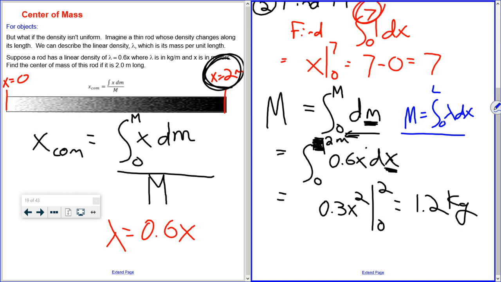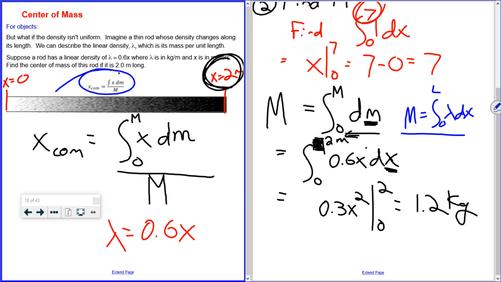The equation sheet just gives you this one, so you really have to know how to solve it. So solve for dm, and then swap your variables out. There's a problem exactly like this on your homework tonight, so you can try it. We'll go over it, and then there's another one the next night. So that's step number 2.